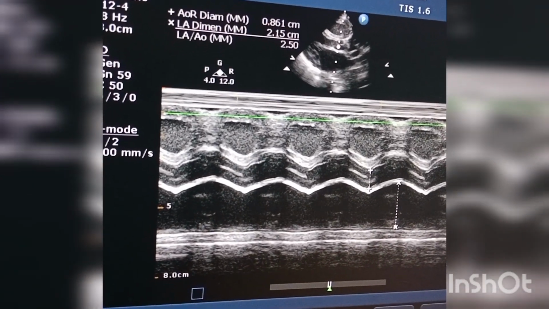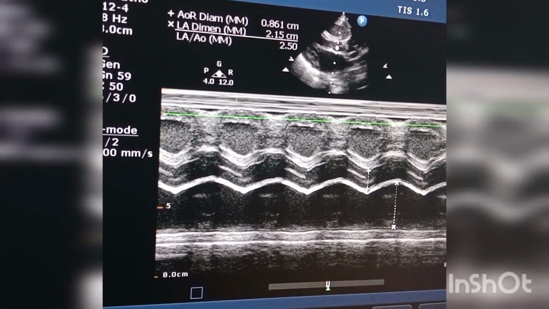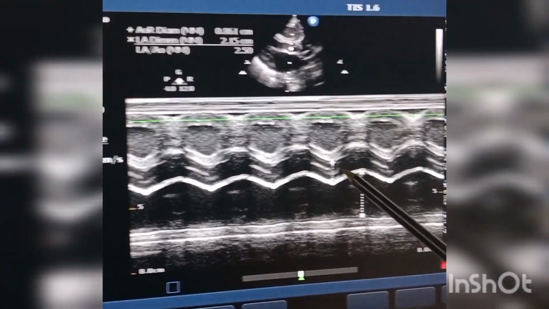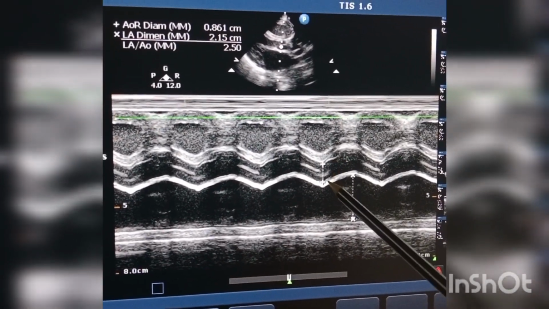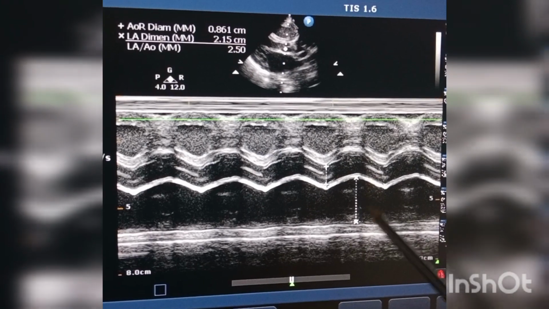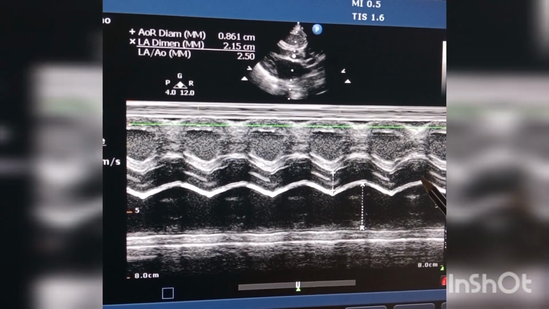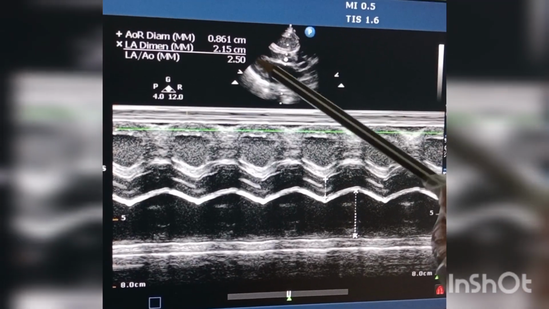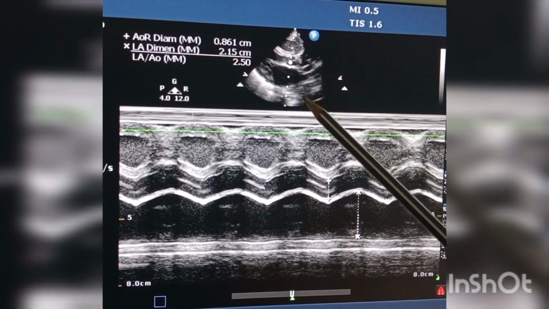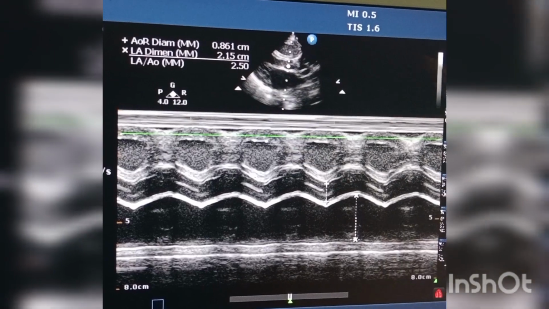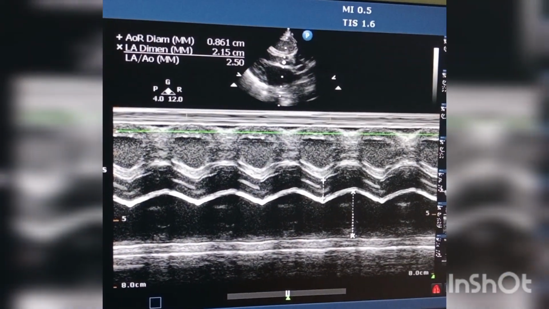This image is very important to look at the dimension of the aorta. You can see the aortic valve from here to here, and this is the left atrium. The left atrium looks bigger than the aorta. So how much? It is 2.5, so that means it is a 2.5 left atrium to aortic ratio.